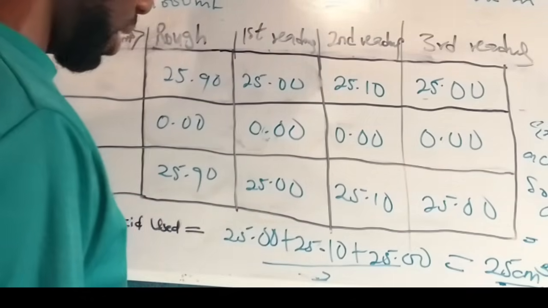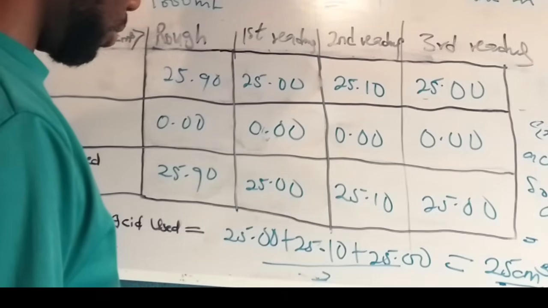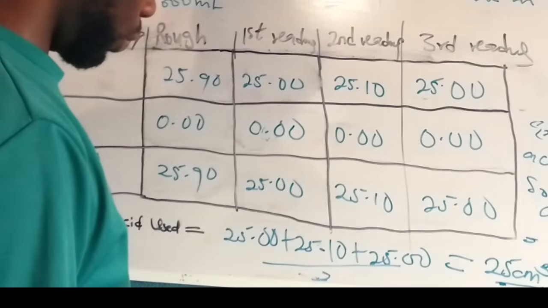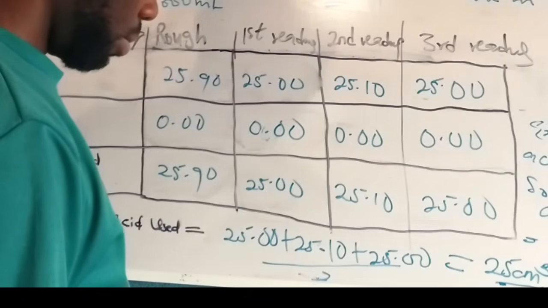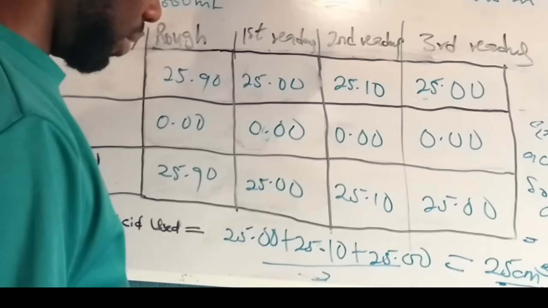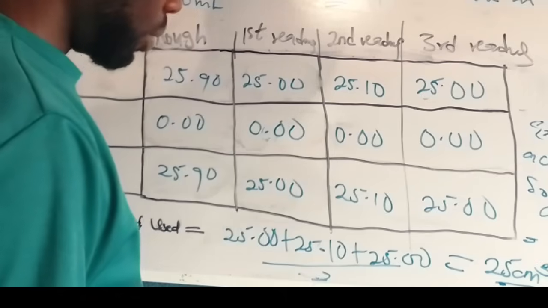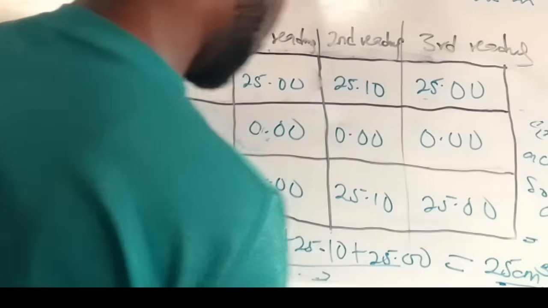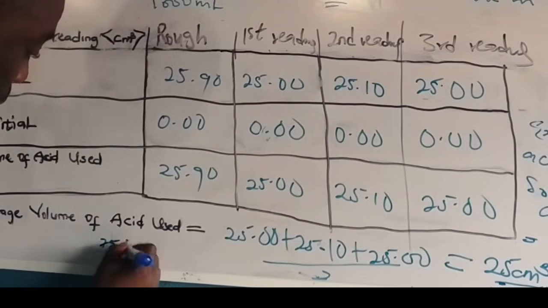Now let's take a look at it. We say 25.00 plus 25.10 plus 25.00, which is equal to 75.1.